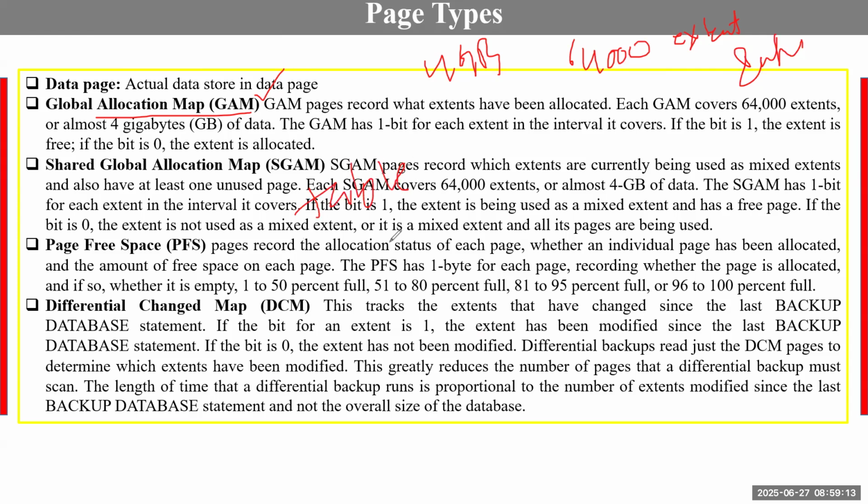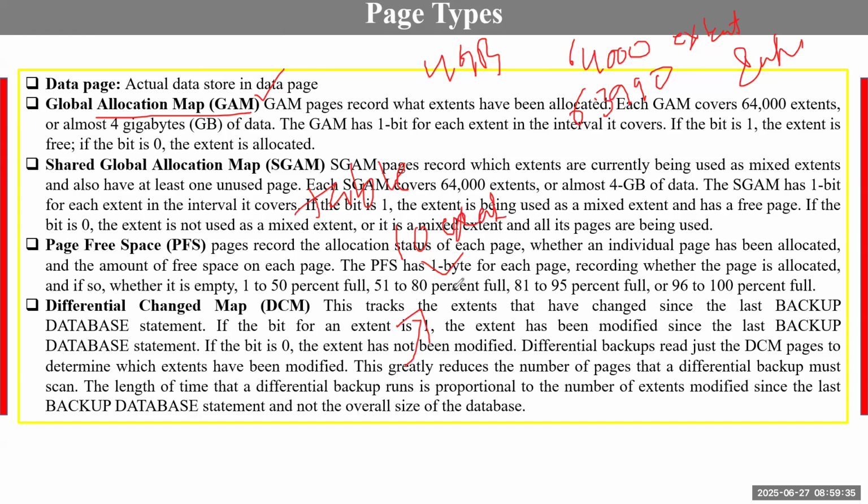For this table, it is allocating 10 extents. Out of 64,000, 10 extents have been allocated. Now how many are there? 63,990 extents are free. Then you are loading the data.